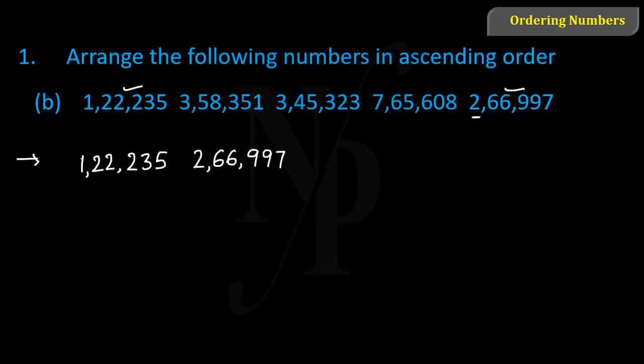We compare the digits in the next highest place, the 10,000's place. Here we have 5 and here we have 4. Therefore 3,45,323 is the next smallest number, and we write it here.